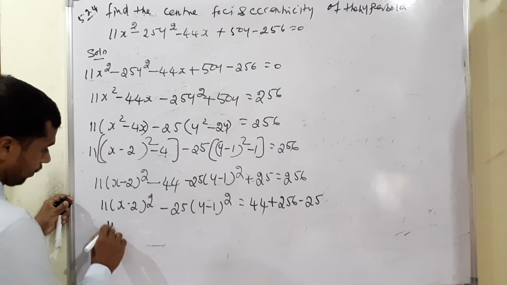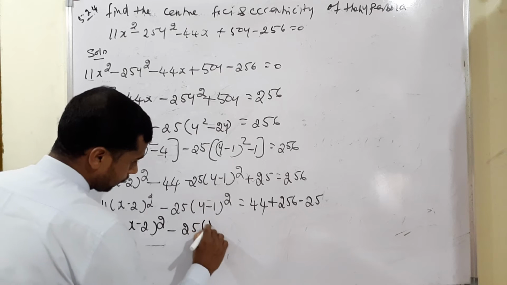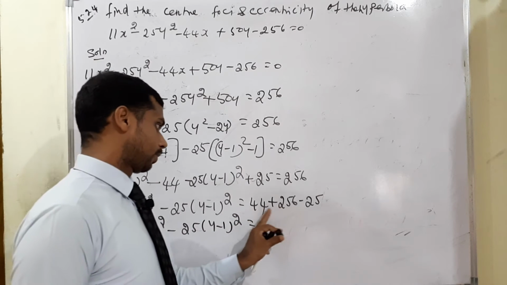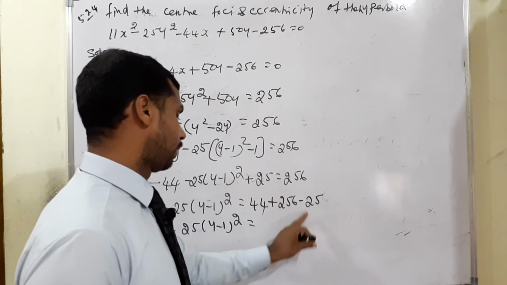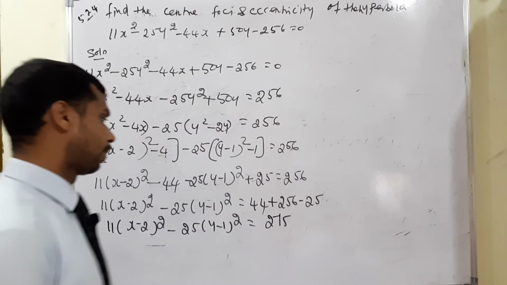So now 11 into x minus 2 the whole square minus 25 into y minus 1 the whole square. 256 plus 44 means 300, minus 25 means 275, isn't it? So 275.